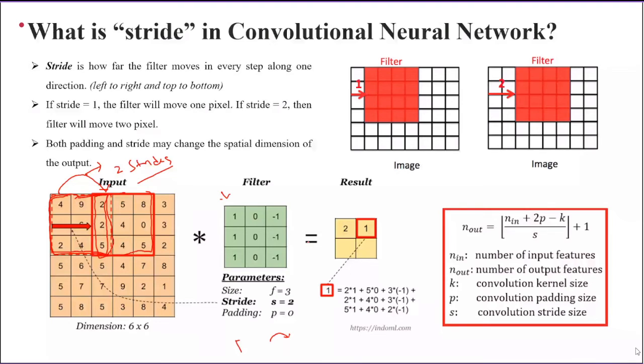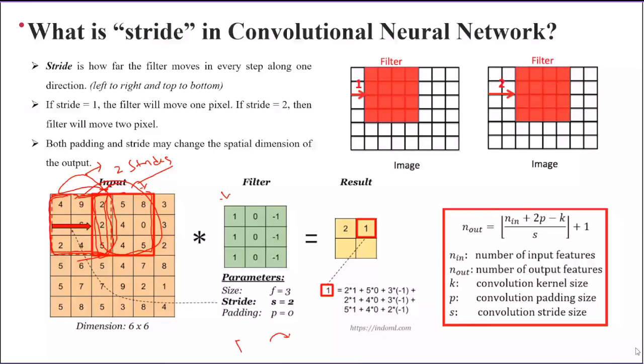For example, in this example, first it will consider this particular patch, and then next it will consider this particular patch. If you move 2 strides from here, then the patch will go out of focus, so you are not calculating this particular part.